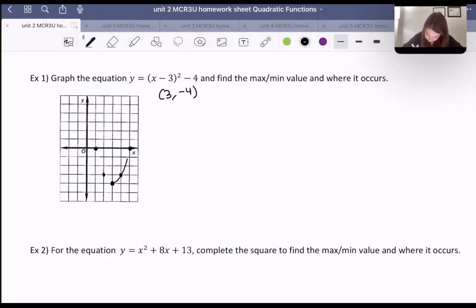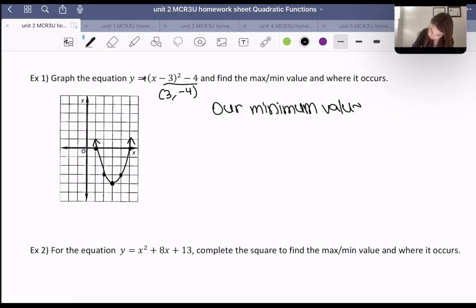Okay, so let's draw our parabola like that, and we can tell from the graph and also from just this equation that the minimum or maximum value, in this case, is clearly a minimum value because it opens up, and our a value is positive here. I don't see a negative sign. So therefore our minimum value is y equals negative 4.